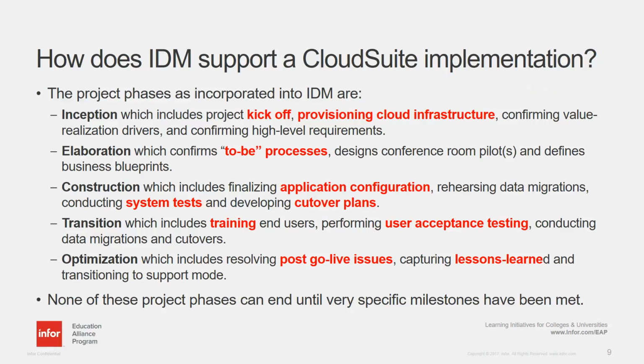Here are the phases of IDM: 1, 2, 3, 4, 5 phases. The inception phase, which is the kickoff, includes the provisioning of the cloud infrastructure, looking at high-level requirements, and confirming those requirements. Then you have the elaboration.